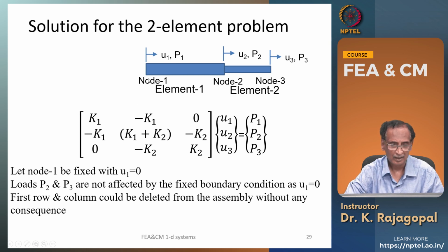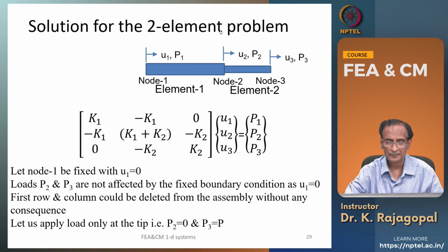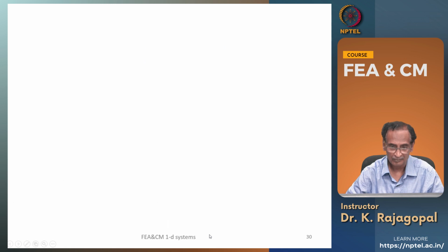Okay. And so we can eliminate the first row and the first column, and we end up with a 2 by 2 matrix like this: K1 plus K2, minus K2, minus K2, K2, times U2, U3, equal to 0 and P, because we applied only one force P at this point 3. Okay.